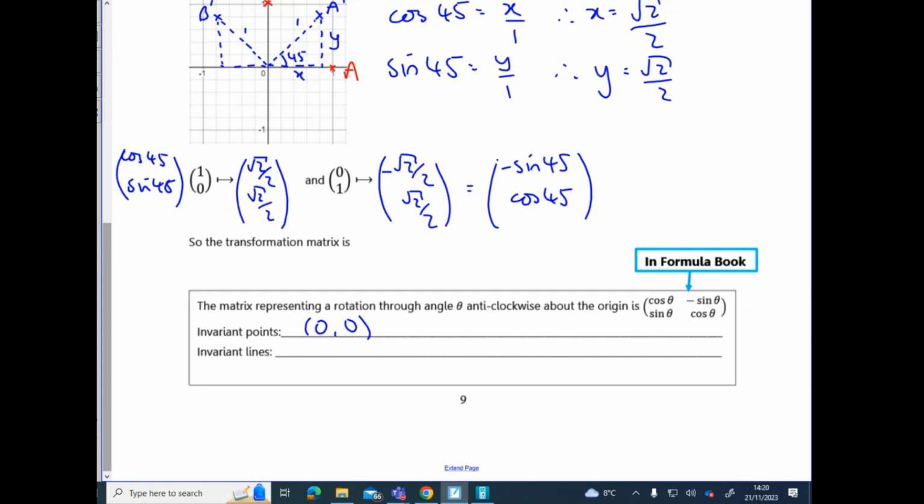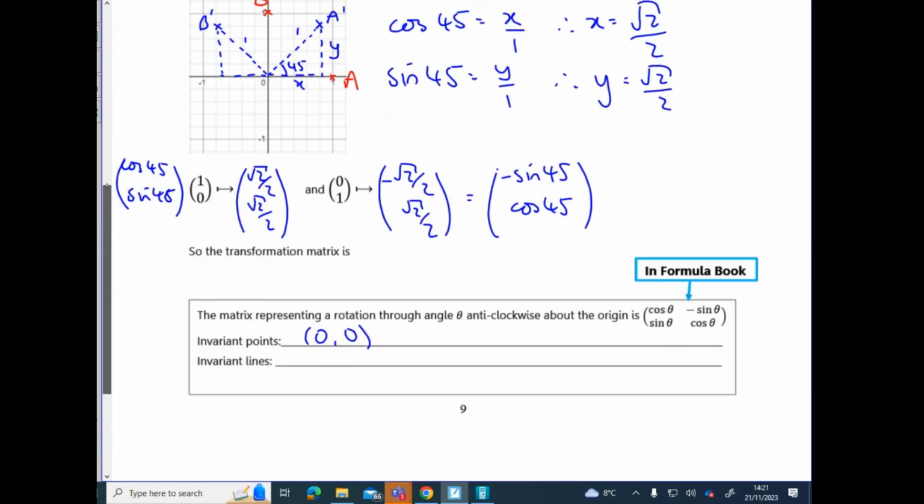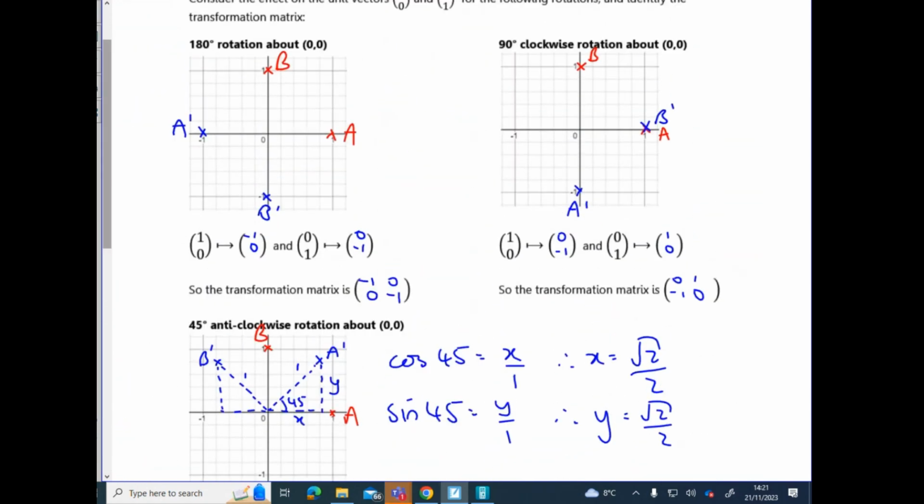Invariant lines depends on the rotation. So invariant lines, only rotations of 180 degrees around the origin have invariant lines. So for example, basically any line through the origin, if you rotate it 180 degrees around the origin, it looks the same.